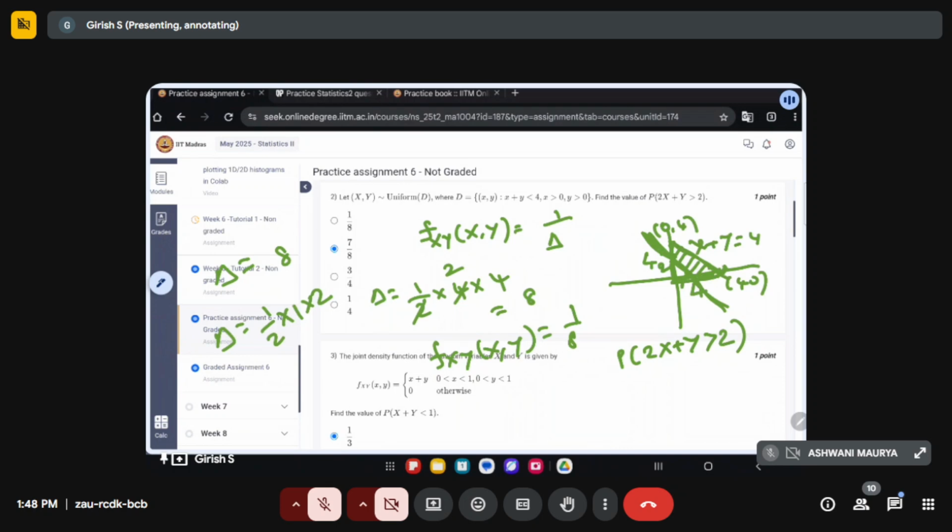And here, if you see the question, they are asking 2x plus y greater than 2. So this is your line 2x plus y equal to 2. This point is 1 comma 0, and this point is 0 comma 2. So you have one more triangle here. The area of this triangle will be half into base into height, which is 1.